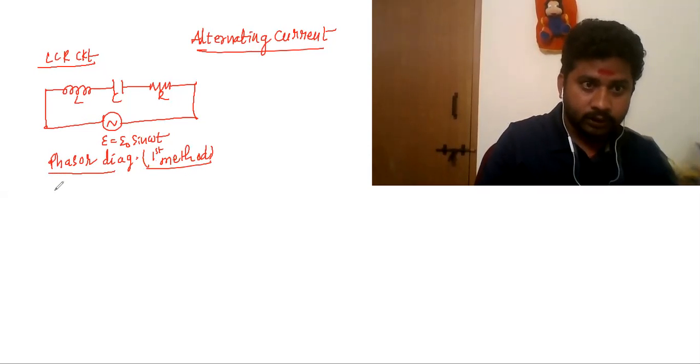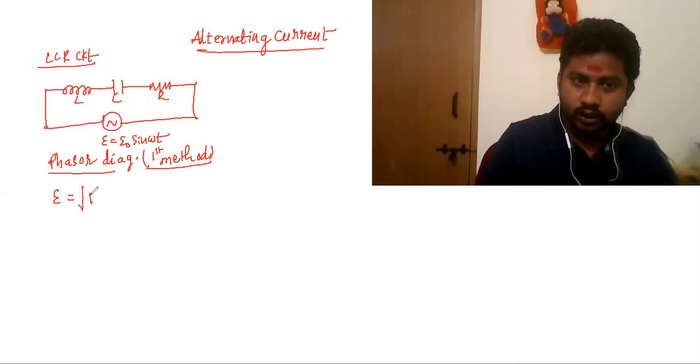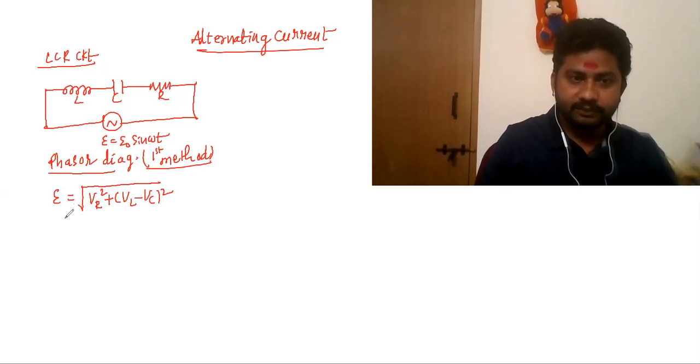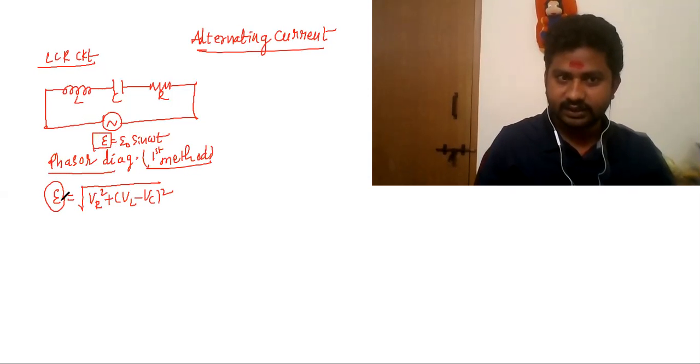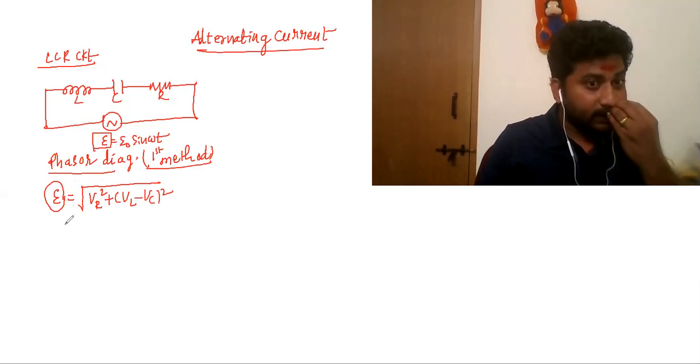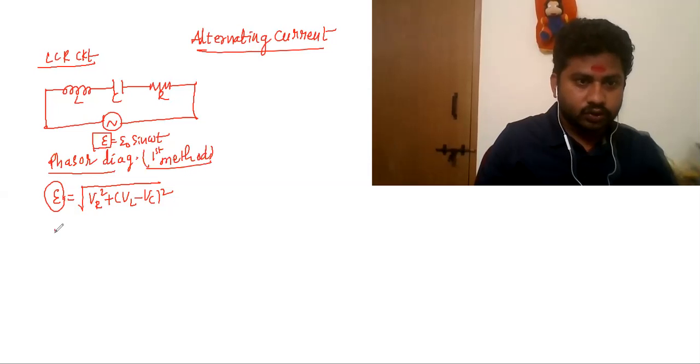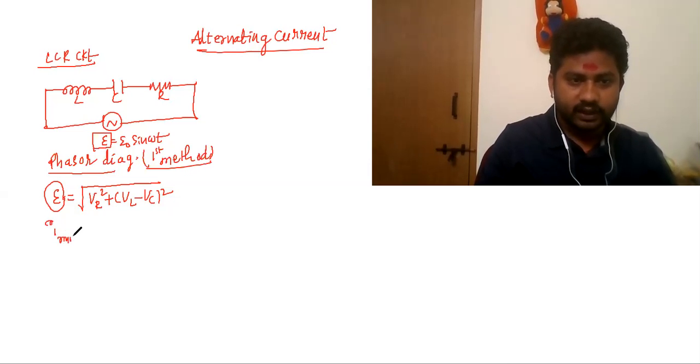E is equal to square root of VR square plus VL minus VC whole square. Also IRMS is equal to ERMS divided by impedance, the net resistance of the complete circuit.